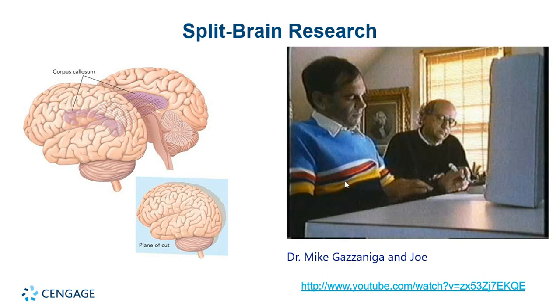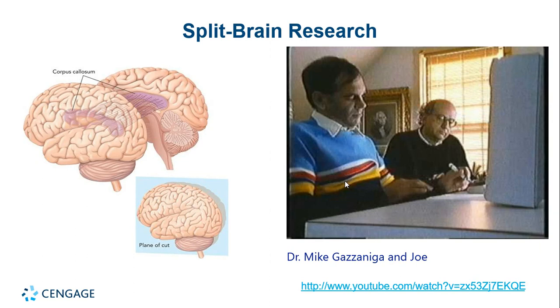Well, what's happening is that Joe's right brain saw the word, and he can draw it with his left hand, because the right brain controls your left hand. But your right brain doesn't know how to talk, because your right brain doesn't have a Broca's region.